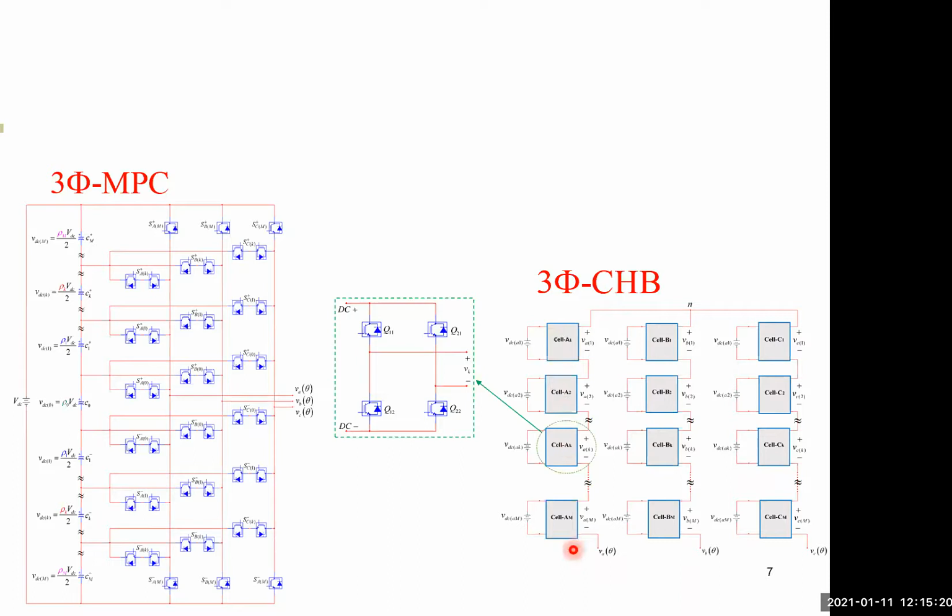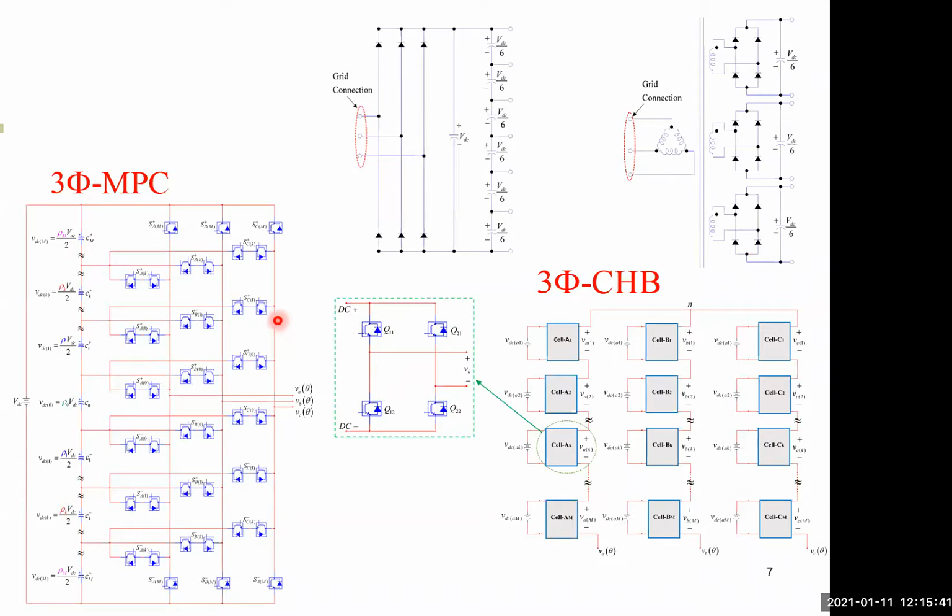You can see they are connected in series. And notice that you need an isolated, separate DC supply for each cell per each phase leg. Here, you have a common supply, which is made of capacitors connected in series, and this bus serves all 3 phase legs.